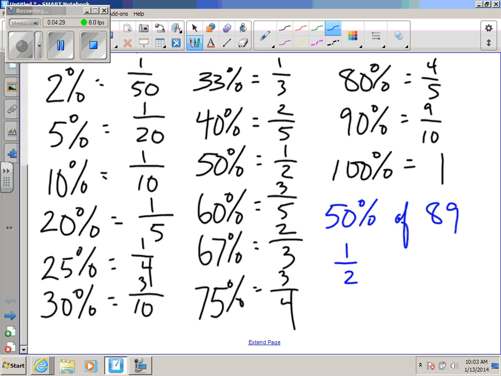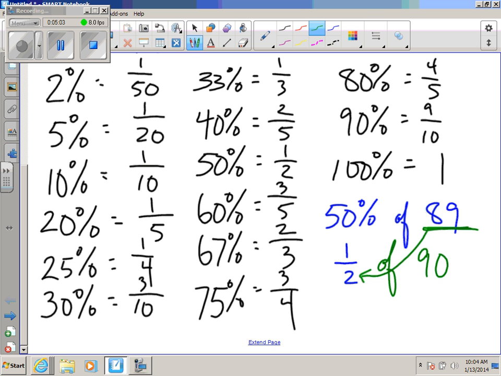Now, when we look at these, you're going to focus here on the 89. You're going to say, what number closest to 89 is divisible by the denominator, in this case, 2? Is 89 divisible by 2? What is? 90. Let's use 90.